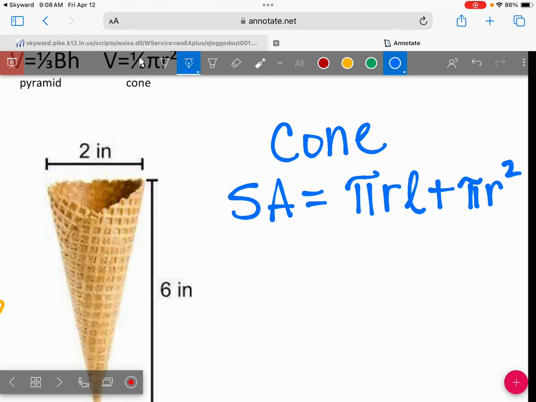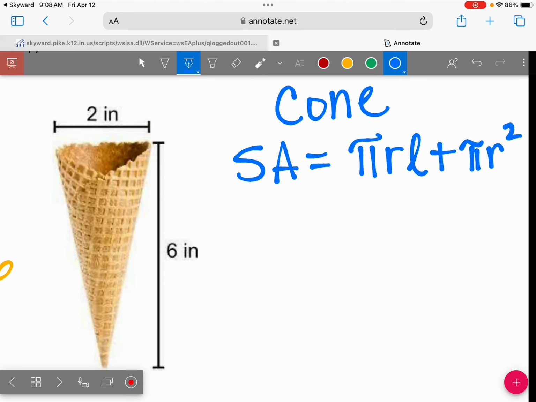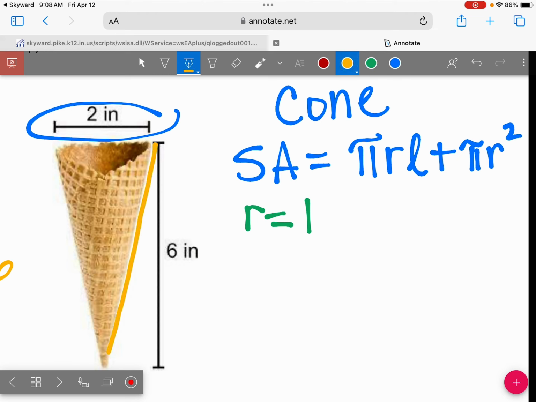Now the radius is half of this number. So radius is 1. Now L is a little hard for this example, because I need to know this.